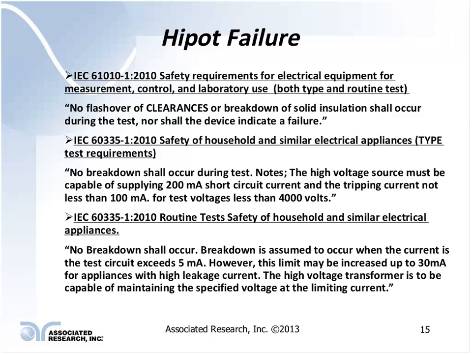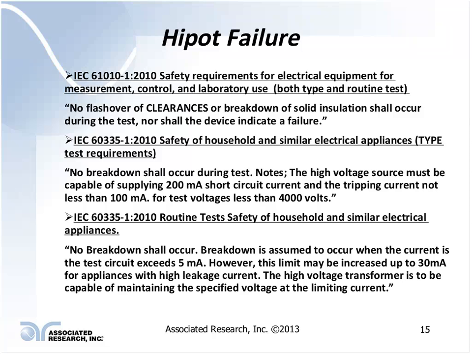Okay. IEC 60335, which is the safety standard for household appliances. As a type test, it says no breakdown shall occur during the test. The high voltage source, here they're specifying the Hipot itself, should have the capability of supplying at least 200 milliamps short circuit current.